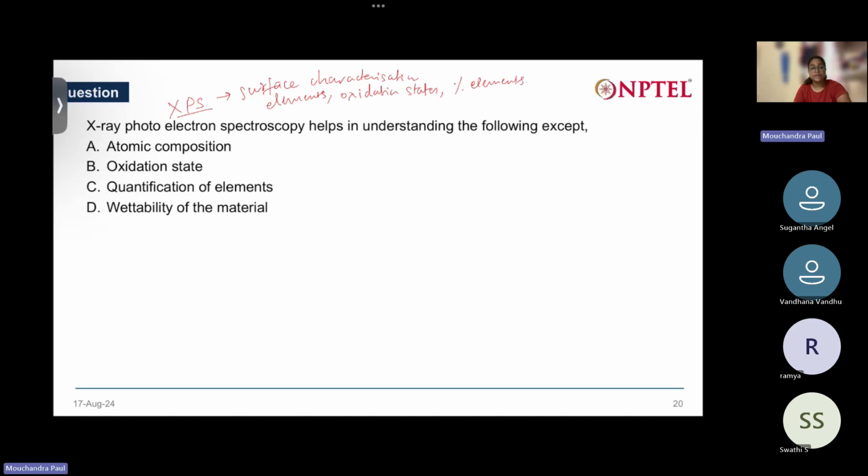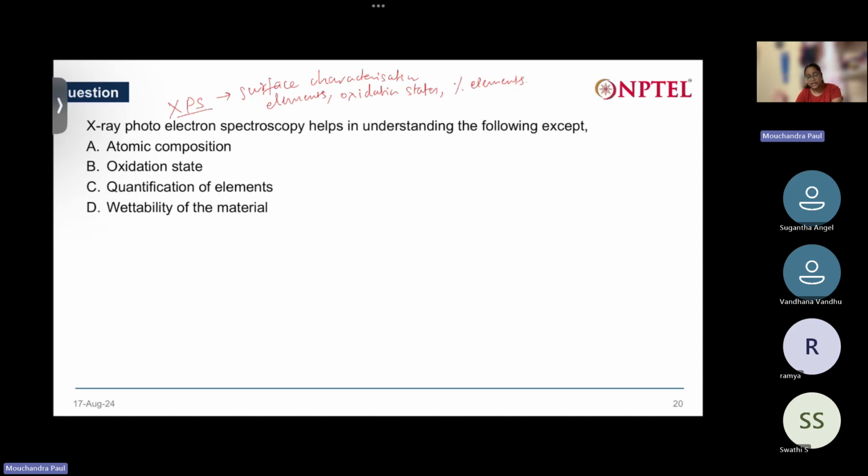Okay. So XPS, the instrument is very, very expensive and very sophisticated. Hardly any academic institute can afford this instrument. It is one of the sophisticated instruments for characterization of materials. So which of the following options cannot be done by XPS?